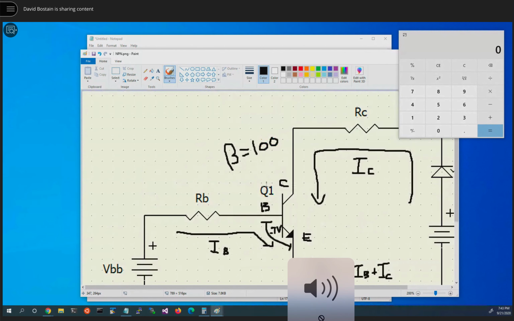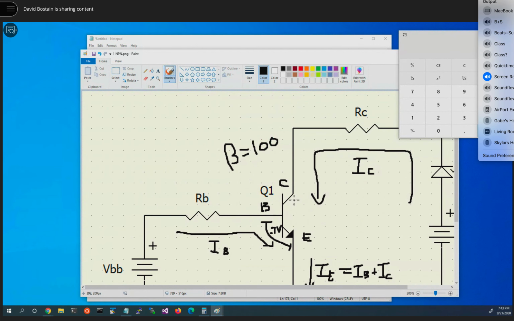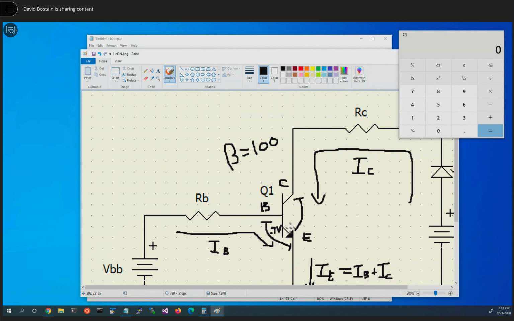Now, if we're in saturation, which is IB times beta is greater than this, then the voltage across the transistor, VCE in saturation, has to be such that VBC is forward biased, meaning that C has to become higher than B. And for that to occur, I'm sorry, I said that wrong.